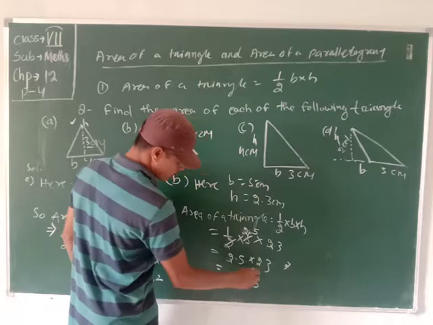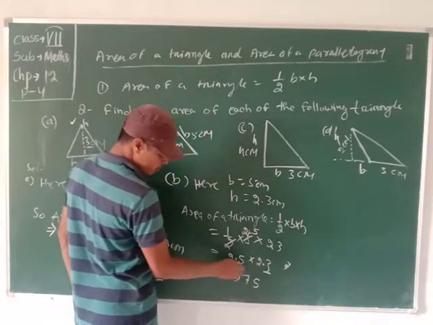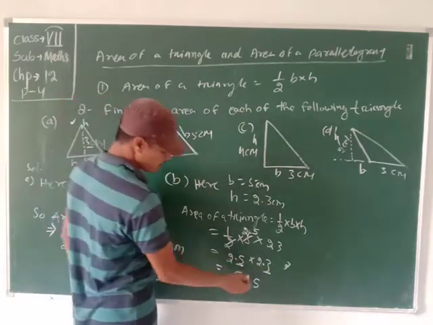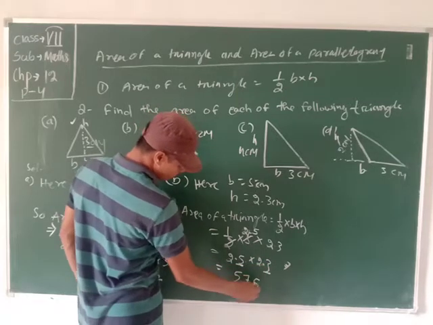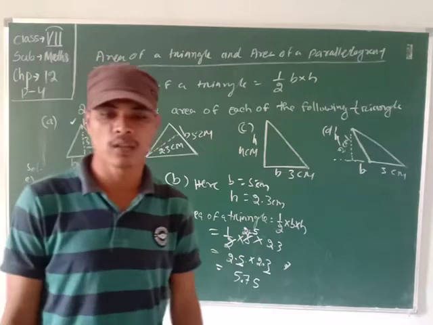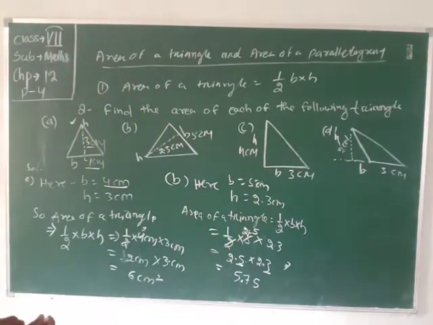That means 575. How many numbers after the decimal? In this one, 1 number, and in 2.5, 1 number. Then 2 decimals. We put the decimal after 2 numbers, and the answer is 5.75.